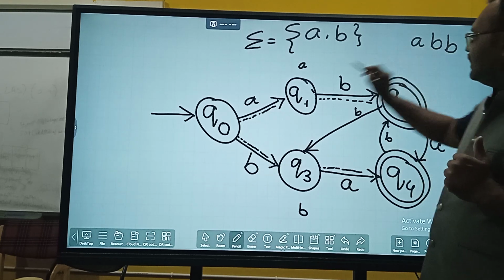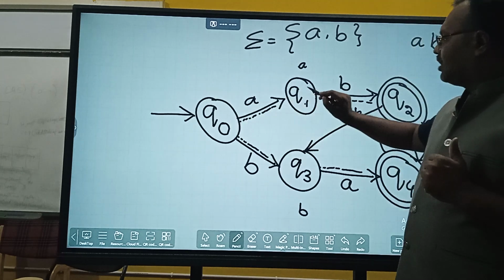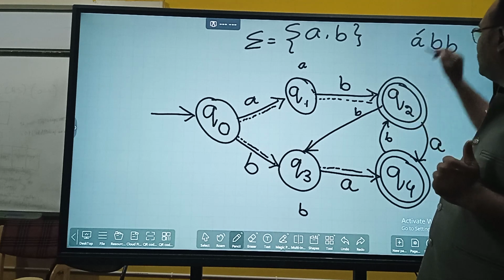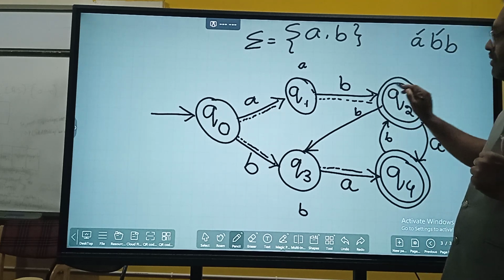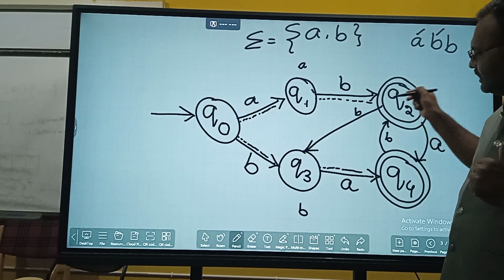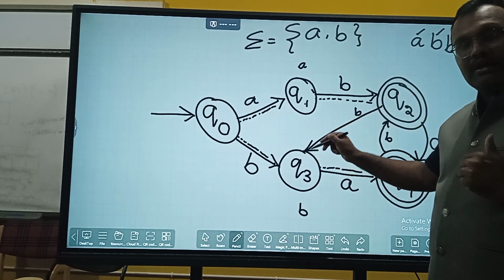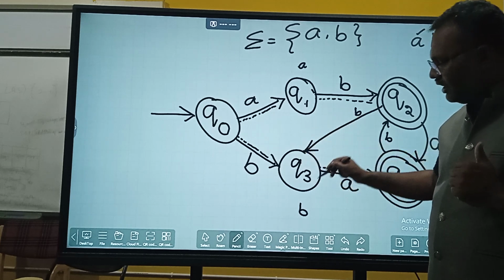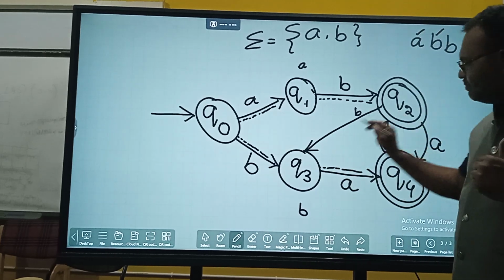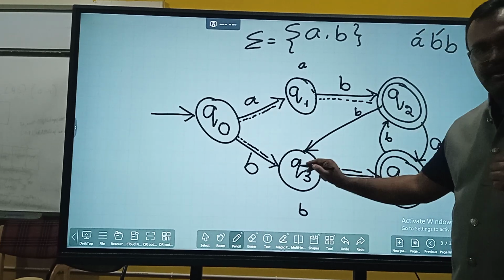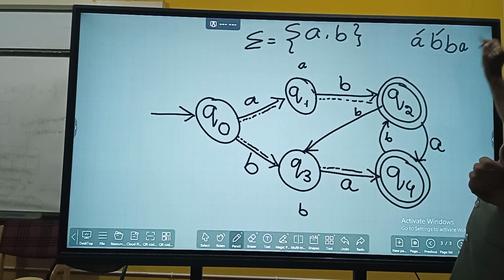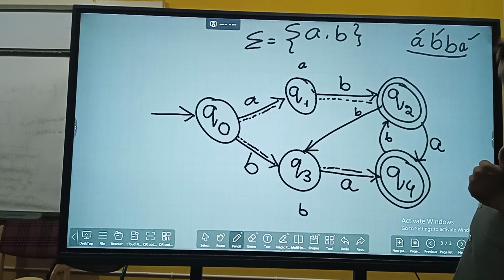Suppose I am starting from Q0, I am going to Q1 with A. From Q1 to Q2, I have read B. When I am in Q2, if I am reading B, I am introducing the transition to Q3 such that in Q3 it will not end. So to end, it has to read A, because BA I can accept as an ending state. Correct? So one more A. So this string is also getting accepted.